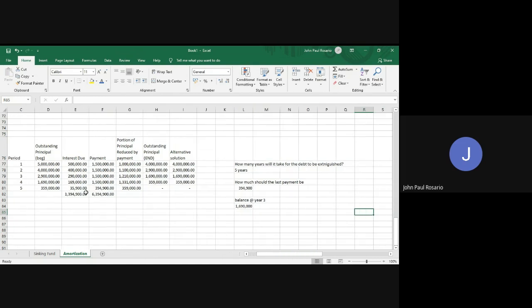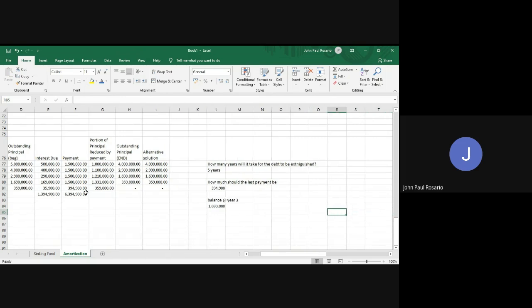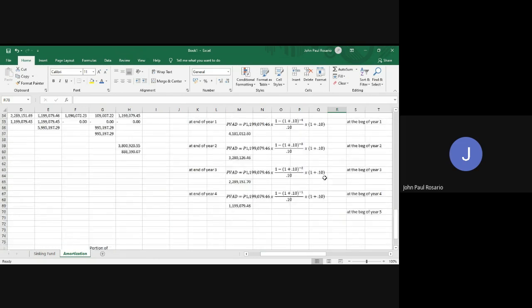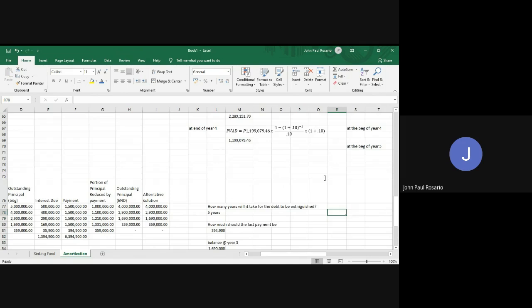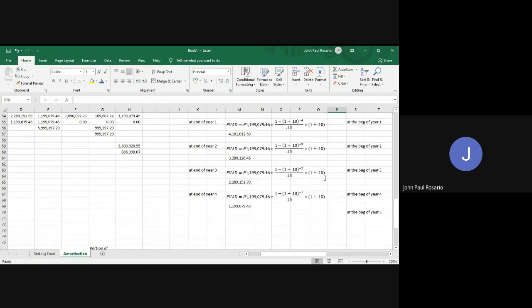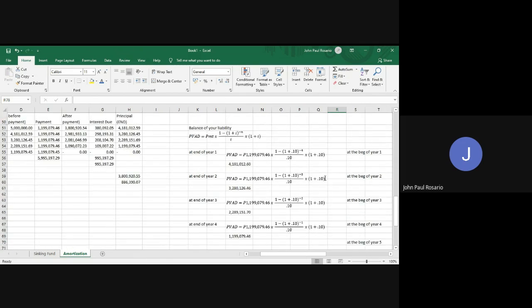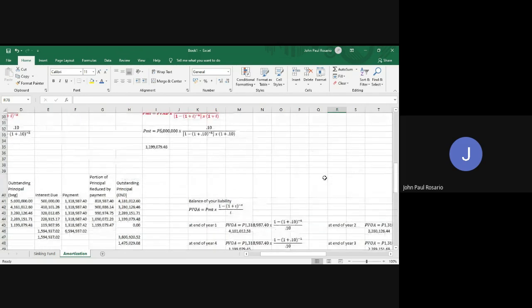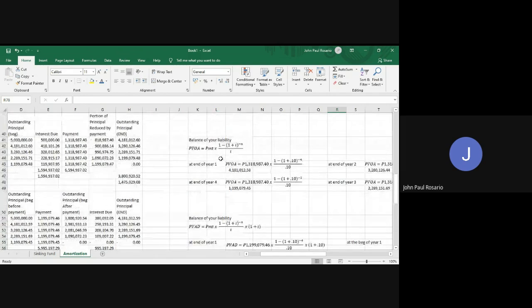Now, for the first question, how many years will it take for the liability to be extinguished? We will be using trial and error method. So we'll use this formula. So we will use trial and error method.